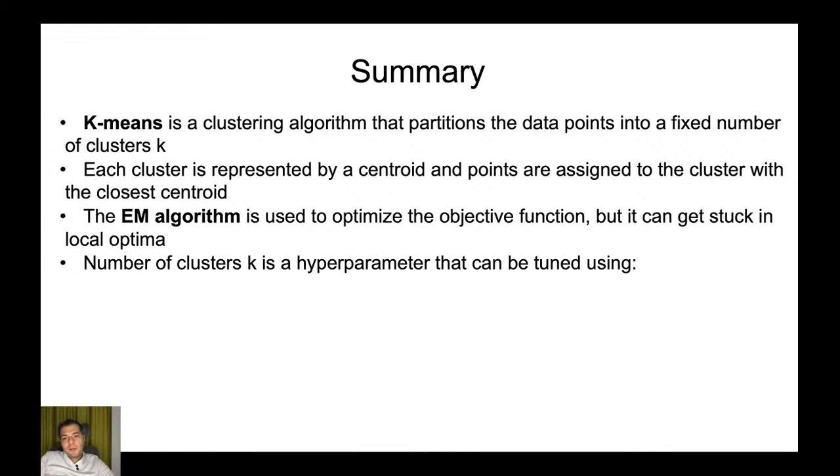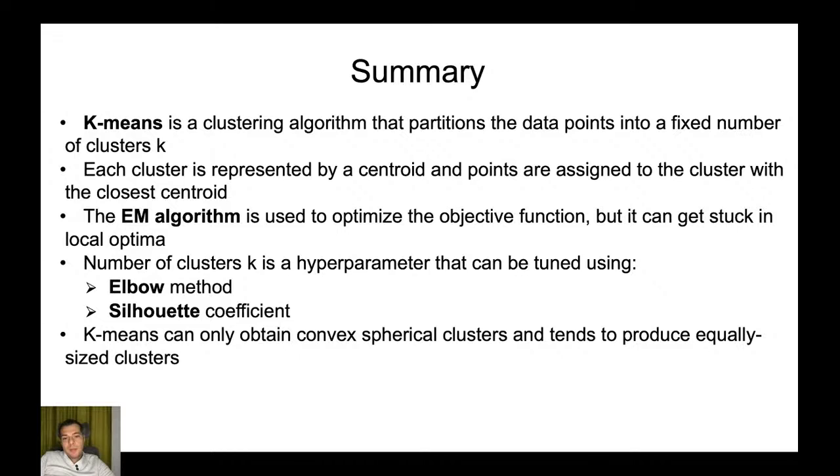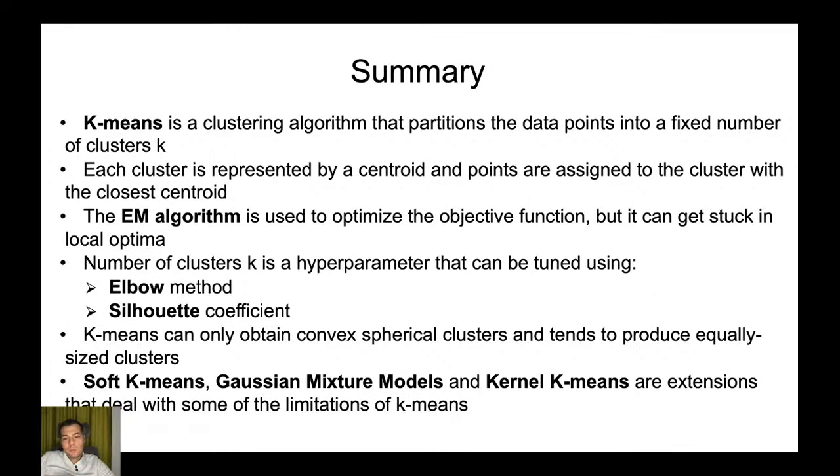The number of clusters k is a hyperparameter that can be tuned using either the elbow method or the silhouette coefficient. And we can also obtain a non-convex solution using alternative approaches such as soft k-means, Gaussian mixture models, and kernel k-means. These are extensions that can deal with some of the limitations of k-means.